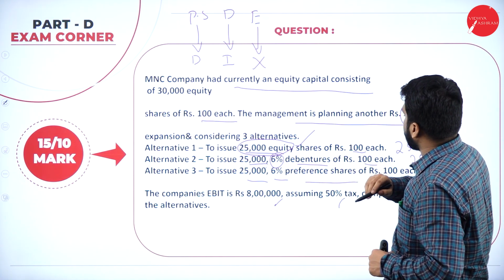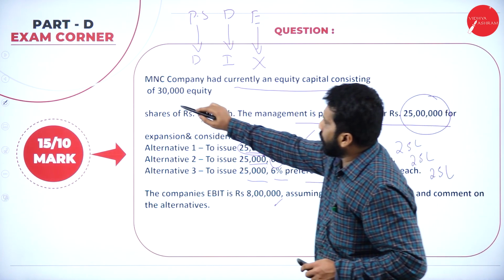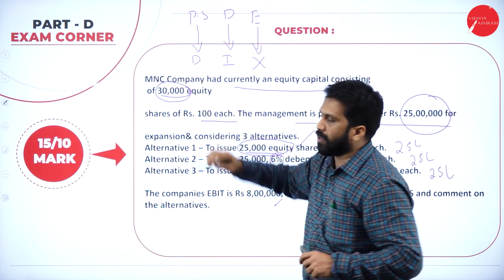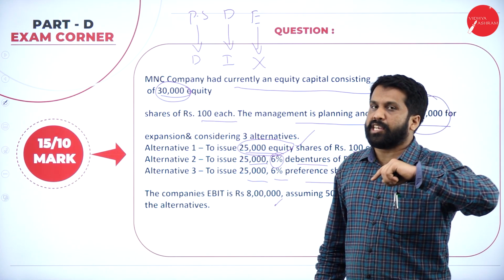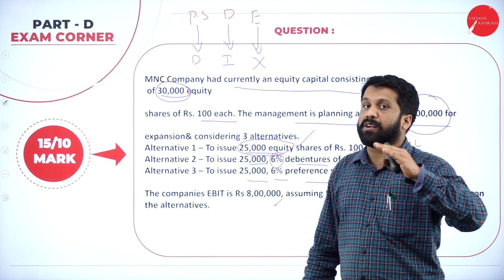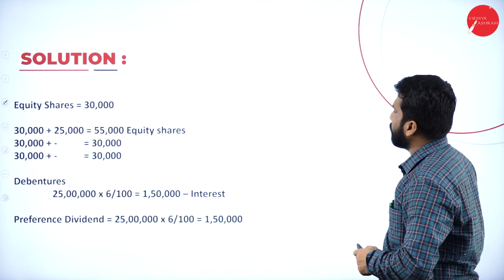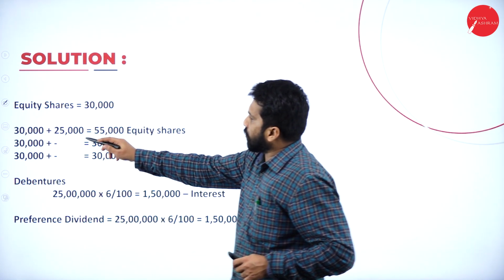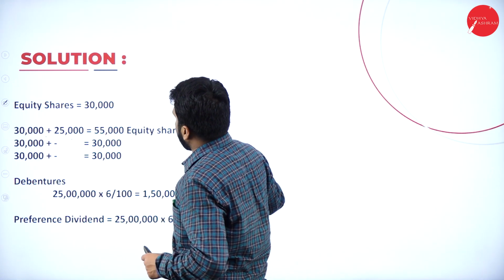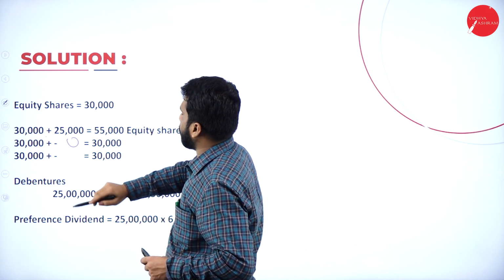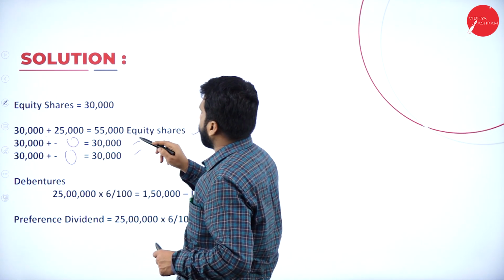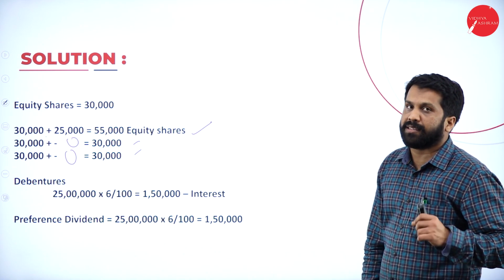Old equity shares is how much? Old is 30,000, new is 25,000. 30 plus 25 is 55. First option, 30 plus 25, 55. Second option, 30 plus 0. Third option, 30 plus 0. You get 30,000 and 30,000.